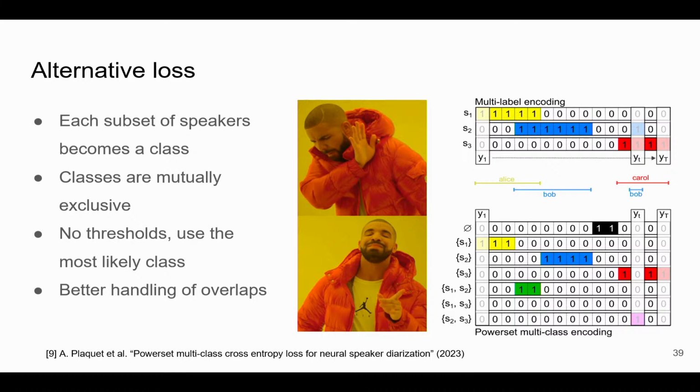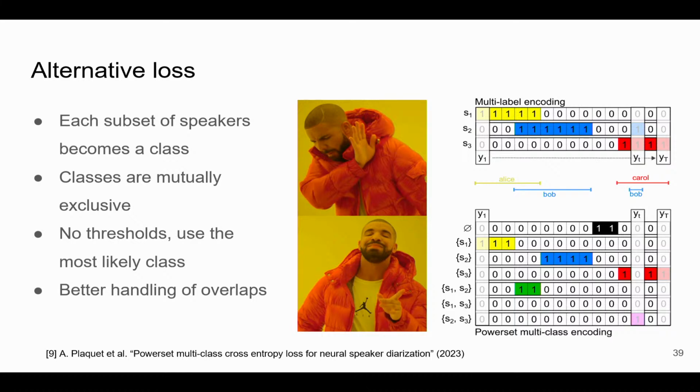Proposing this has quite a few advantages, and is becoming more and more popular nowadays. Each of the classes is now modeled independently, so the overlaps have a front seat in the way of the modeling. It's not just given by 2 independent speakers being active.